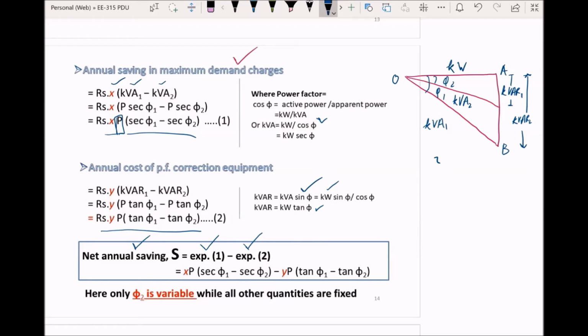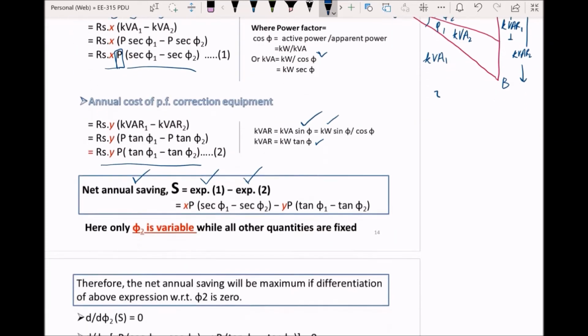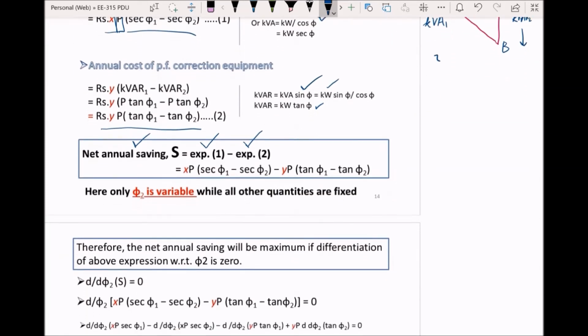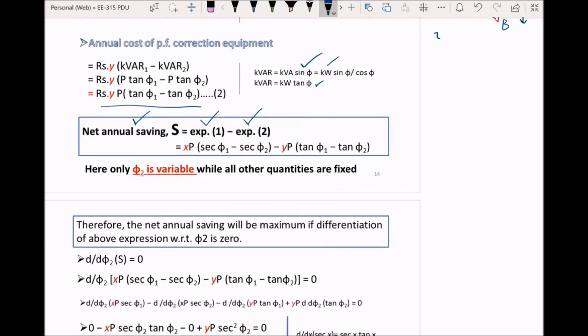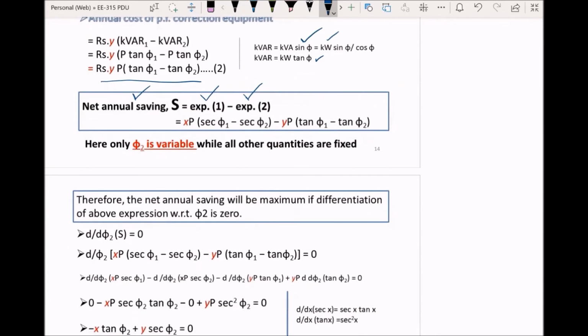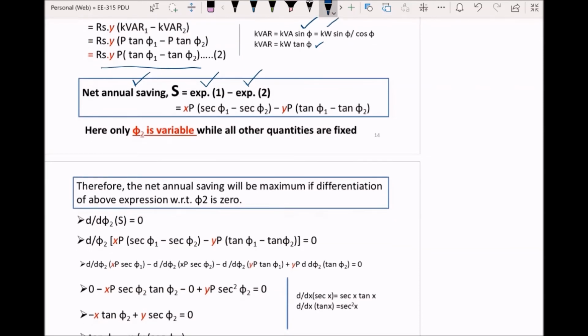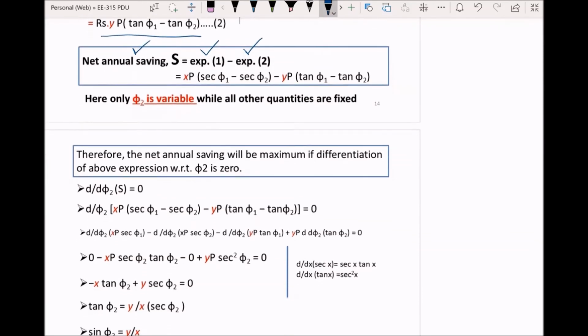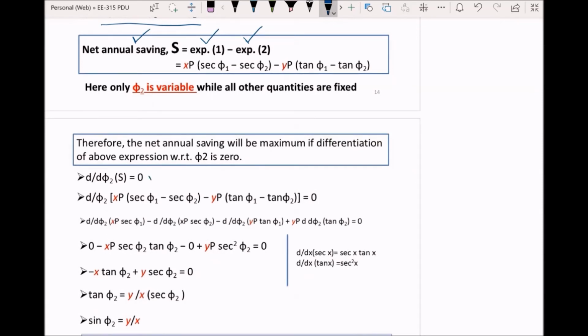So phi 2 is the variable, and to achieve maximum annual saving, the rate of change of saving with respect to phi 2 should be 0. That means dS by d phi 2 should be equal to 0.